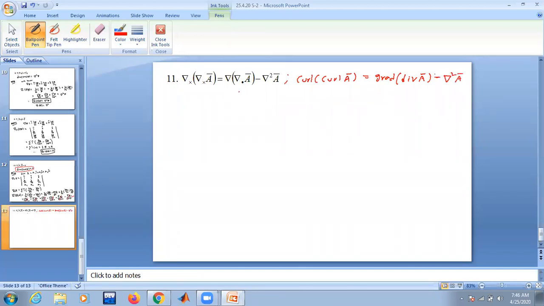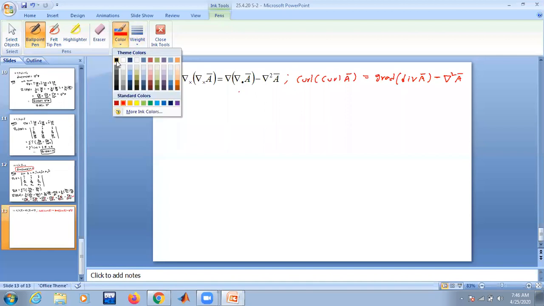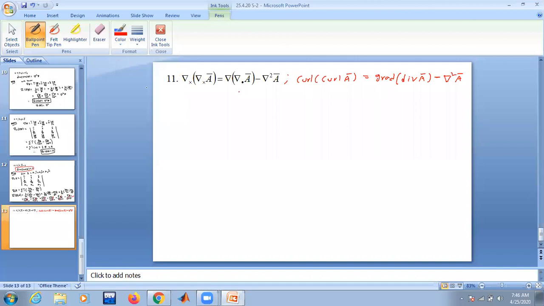Now first we'll write the curl formula, then again we'll apply curl to that vector.